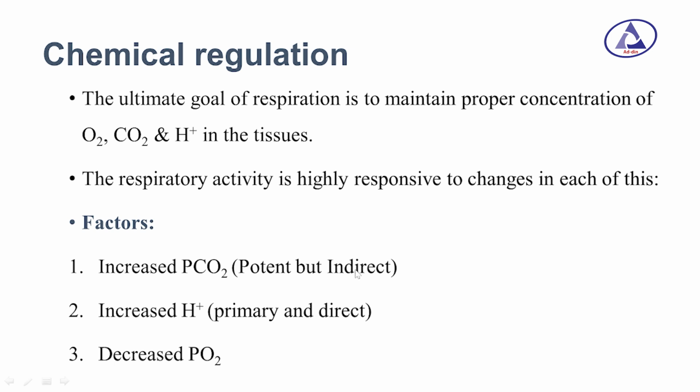Why is it indirect? Write down the question. Why is partial pressure of carbon dioxide indirect? Potent but indirect. কেন? কে বলতে পারবে? It is more potent than hydrogen ion.